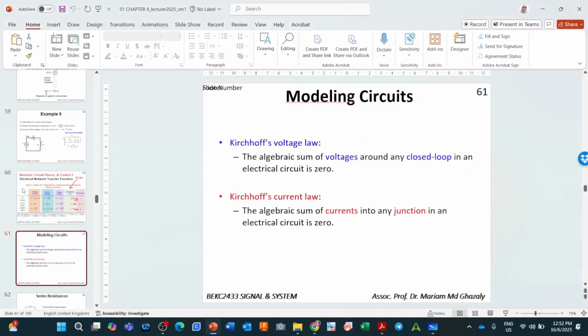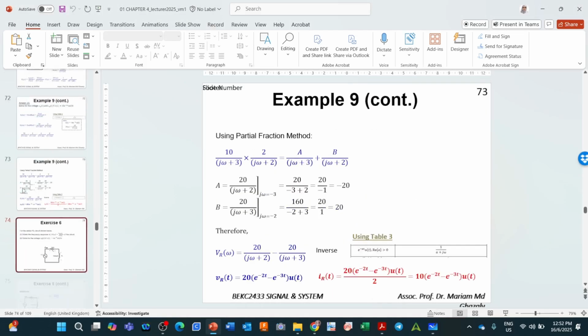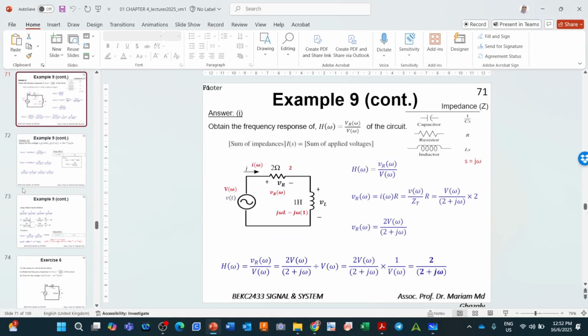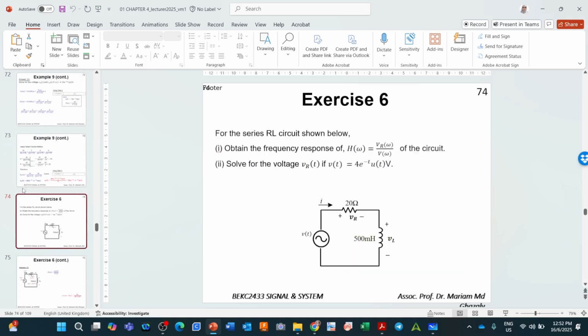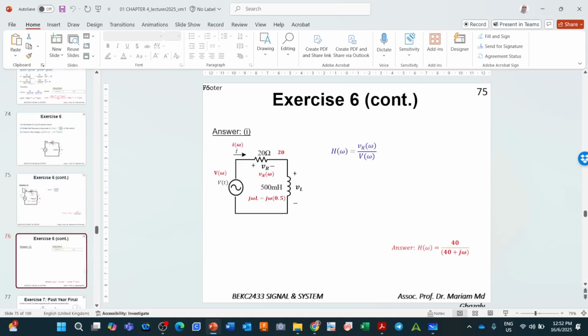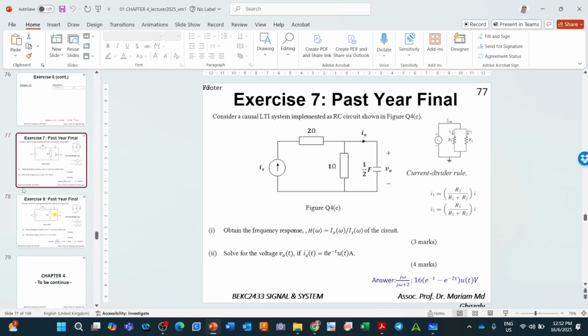Okay, so this is example 9. Of course, you need to do it. Example 9, its solution is inside here, but it is so long. So try to do exercise 6 in terms of inductance, 500 millihenry, past year questions 7 and 8.